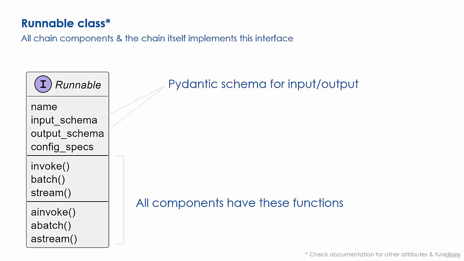The input schema and output schema are pydantic schemas that describe the input and output for the chain. Then there is configuration specification, which holds the list of configurable fields for the runnable.